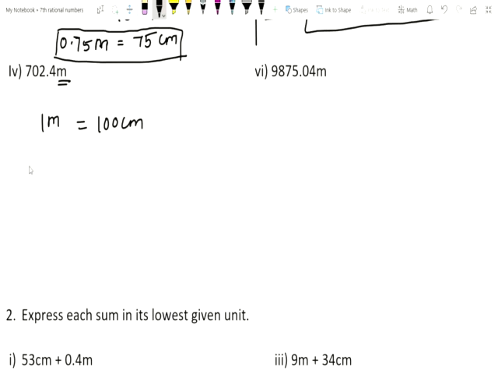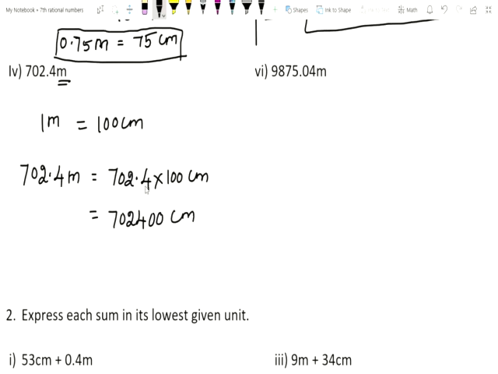Okay. So 702.4 meter equal to 702.4 into 100 centimeter. Okay. So 702,400. Now see here, one decimal is there.